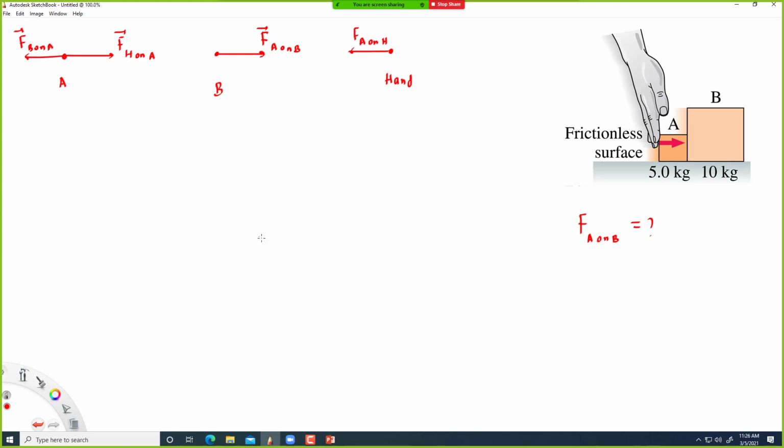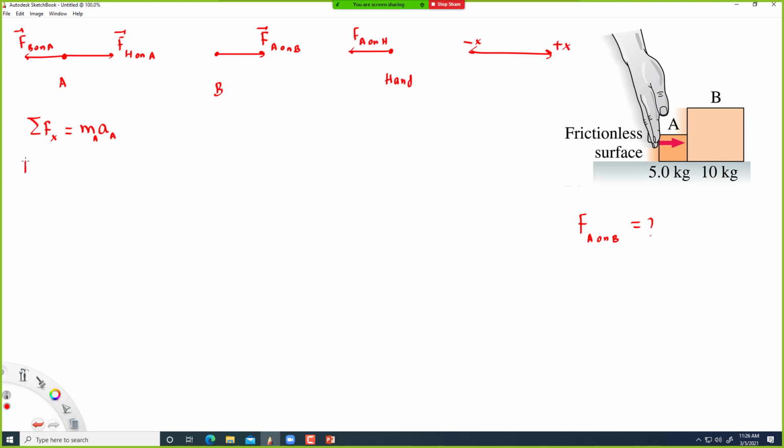So then you will write Newton's second law for each of the objects. So for A, you can write F along x direction is m times acceleration of A, mass of A. Okay, so how many forces do we have? We have two forces, and we are considering this to be positive and this to be negative.